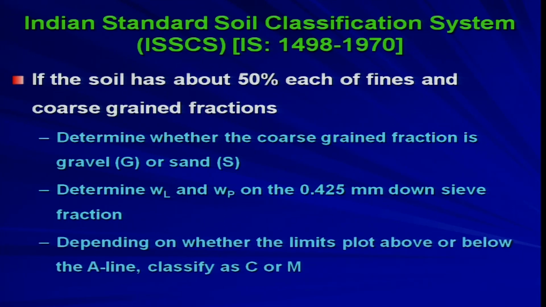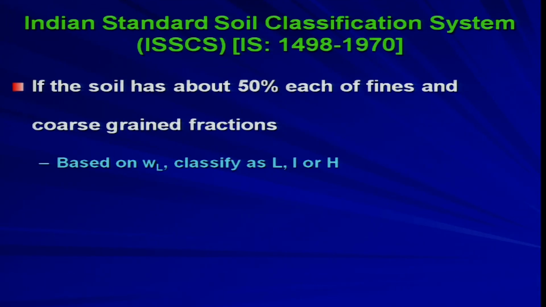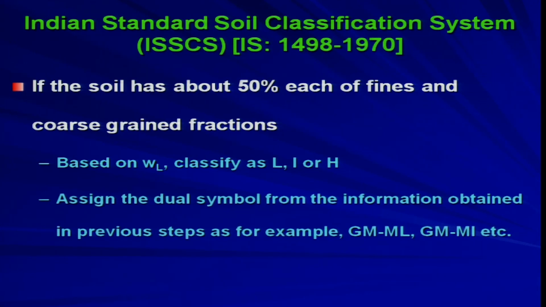Depending on whether the limits plot above or below the A line, classify as C or M. Based on liquid limit, classify as L, I or H, whether it is less than 35%, above 50% or between 35 and 50%.